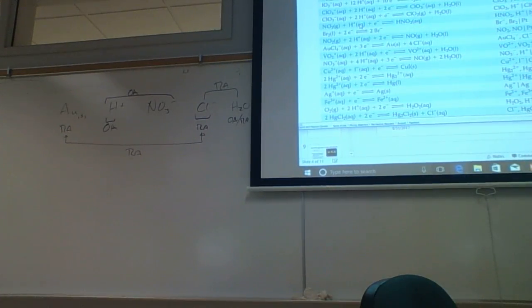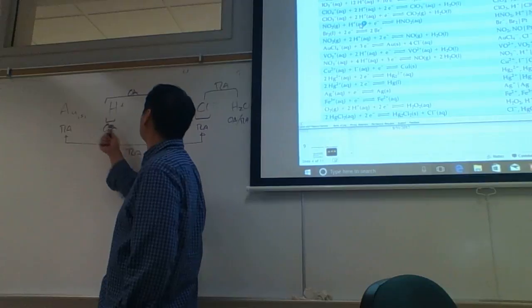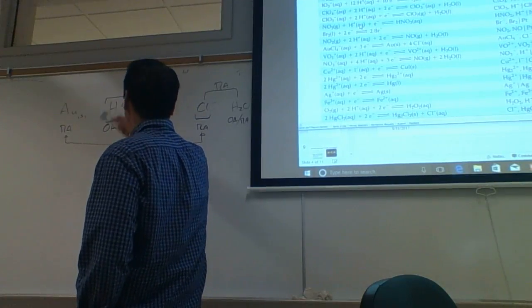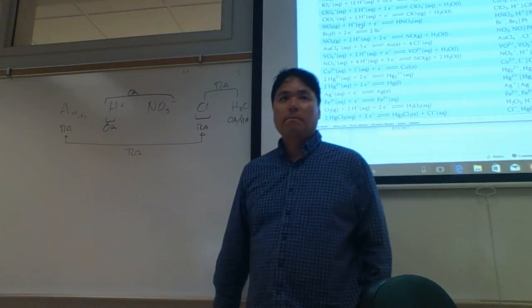But next, what do we do? Step 1, we inventory. Step 2, we find the oxidizers and reducers. In fact, we want to find the strongest. Which one is the strongest? Let's start with the oxidizer first. What's the strongest oxidizer on the chart?